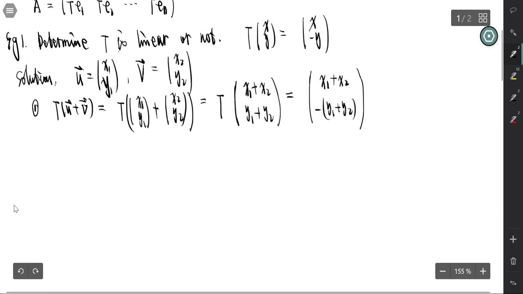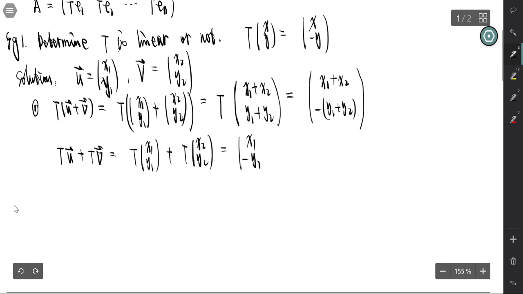And the addition of transformations, Tu plus Tv, that is T(x1, y1) plus T(x2, y2). T(x1, y1) is (x1, negative y1). T(x2, y2) is (x2, negative y2).